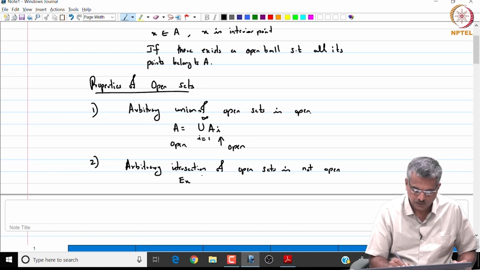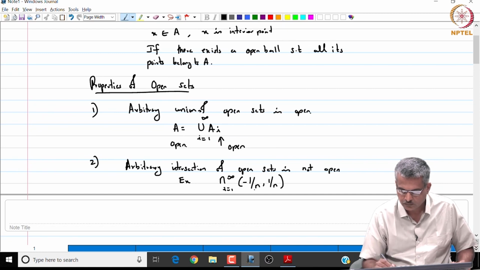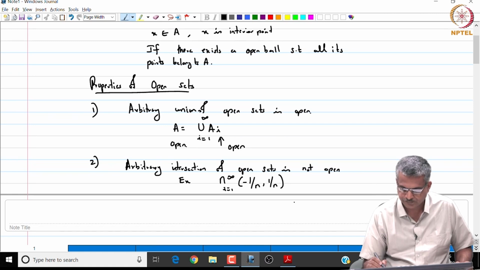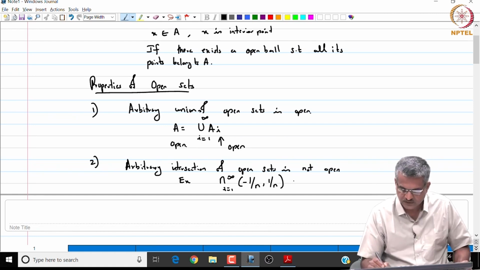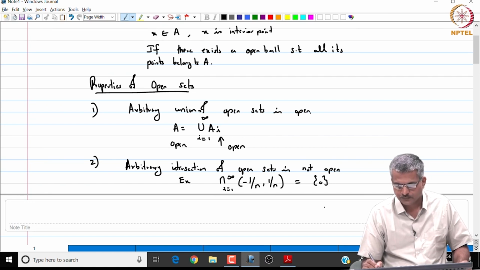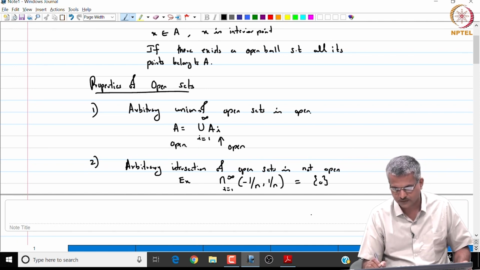Example: you take the intersection over open intervals of the form (-1/n, 1/n), where n is an integer. This is nothing but the singleton {0}, and we will later show that this is not an open set.